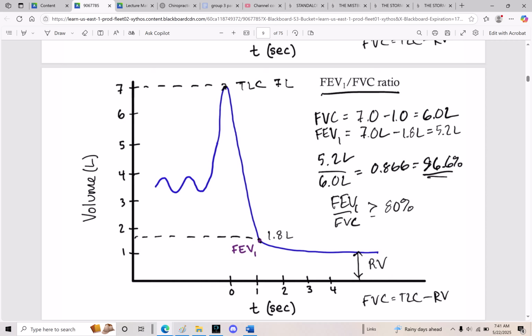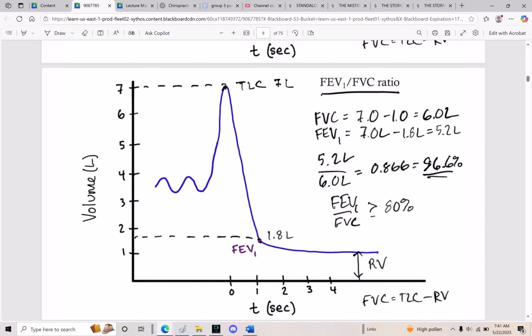So this patient was able to breathe out in the first second 5.2 liters, okay? Then you take the ratio, 5.2 liters divided by the 6 liters that you took in, and your result comes to 0.8666. You multiply by 100, you get 86.6.